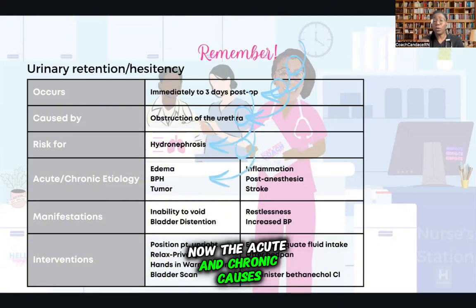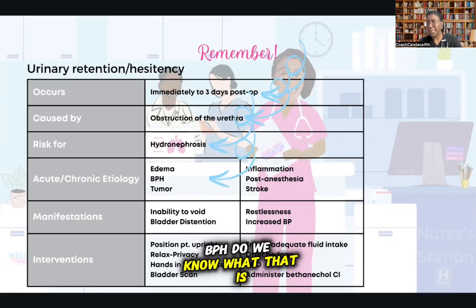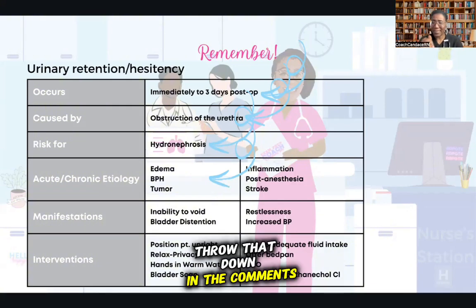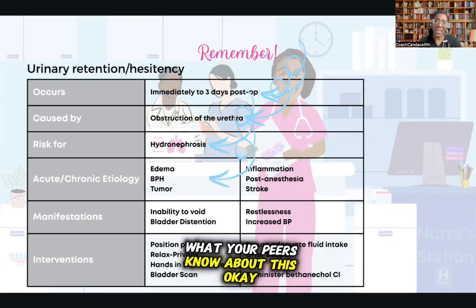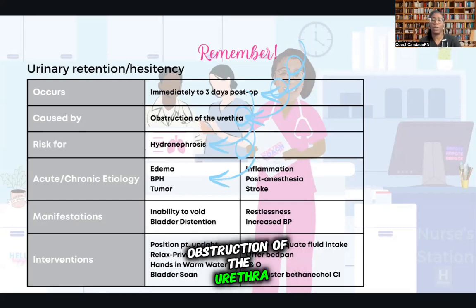Now, the acute and chronic causes are generally edema. BPH. Do we know what that is? Throw that down in the comments. If you don't know, check out those comments to see what your peers know about this, and how that might cause an obstruction of the urethra.